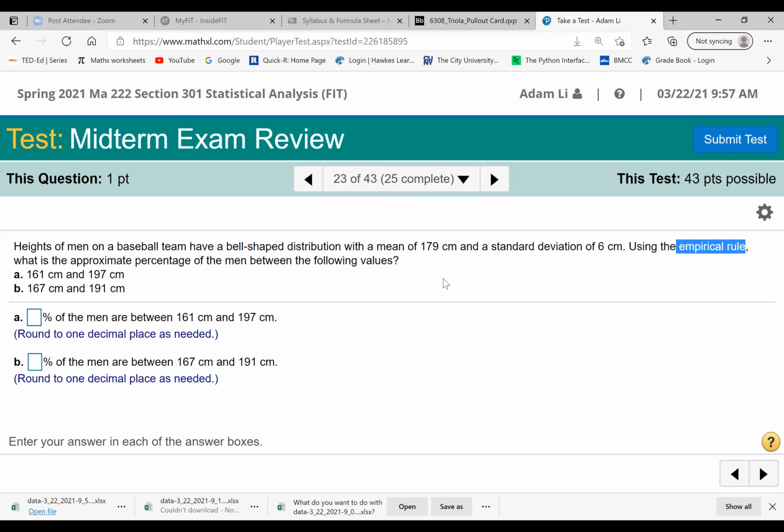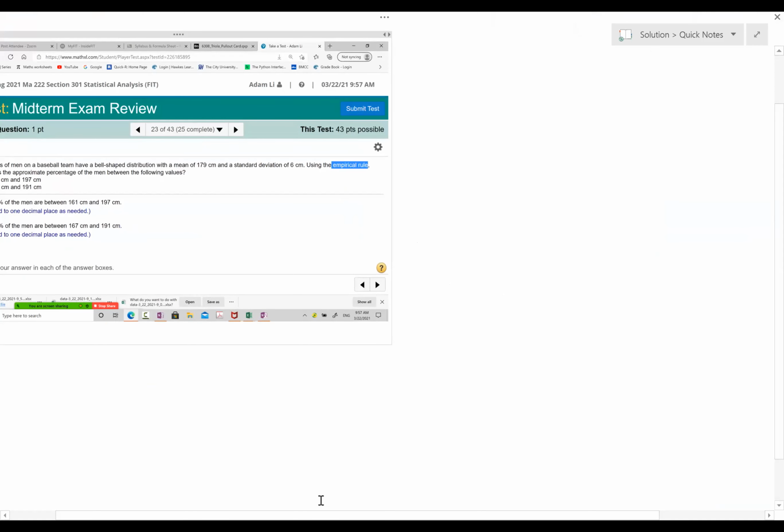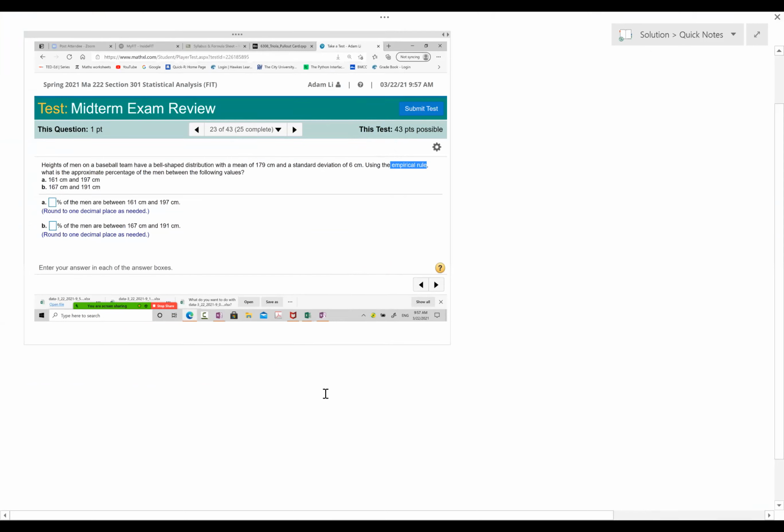If you look at 161, let me maybe show you the calculation here. Okay, here we go. The first interval is 161 and then 197. The mean here is 179 and the standard deviation is 6 centimeters.